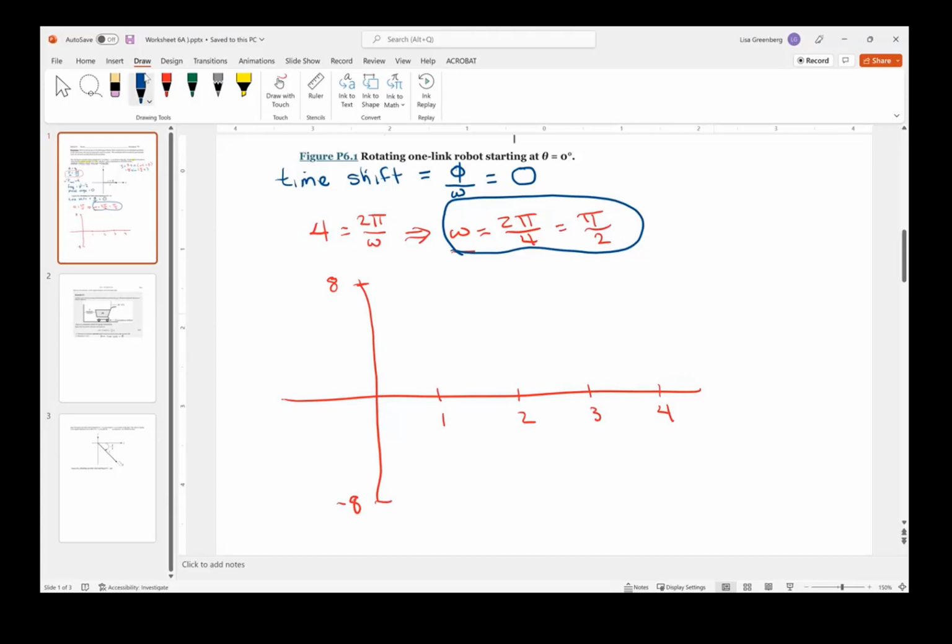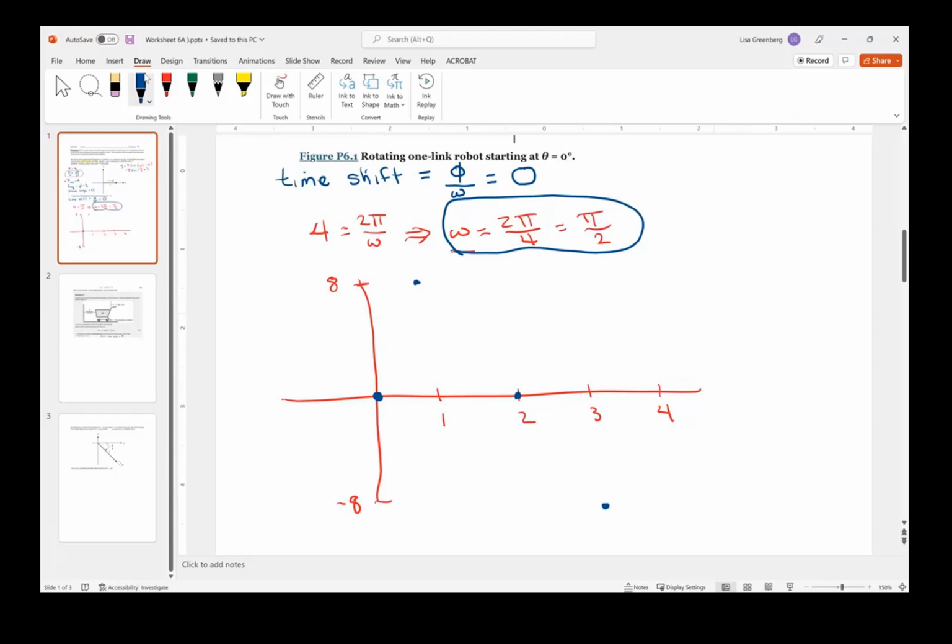And we know it's a sine, so it's starting at 0. This is our first value, sine of pi over 2. At pi over 2, our sine is 1, so we go here to 8. This would just be pi, so this is 0.